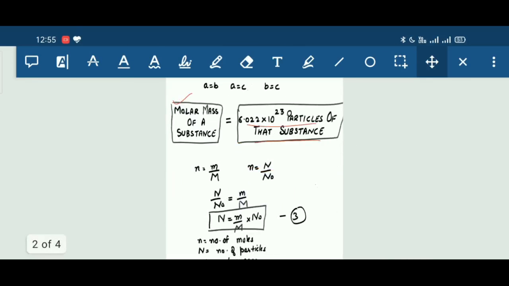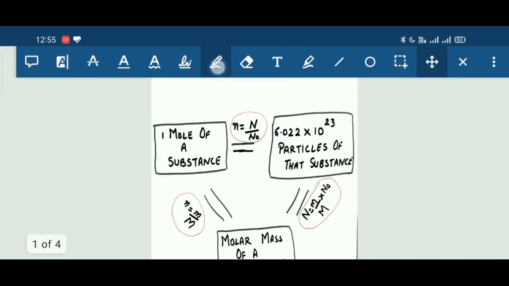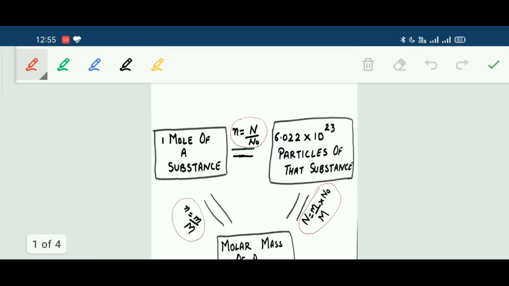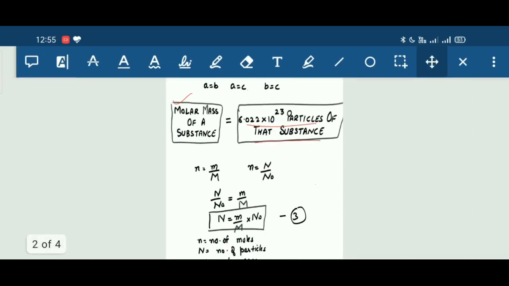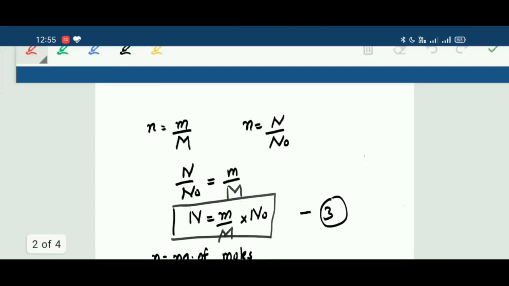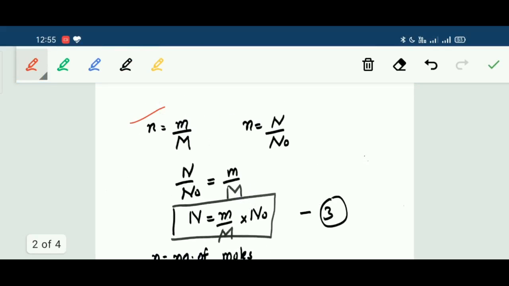Also, we know that the formula that establishes the relation between mole and particles of a substance is small n is equal to capital N by N naught. And the formula that establishes a relation between mole and mass is small n is equal to small m by capital M. So using these two formulas, that is small n is equal to given mass by molar mass, number of moles equal to number of particles by Avogadro's number.